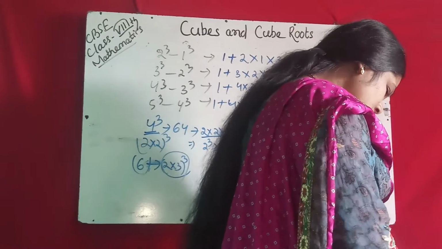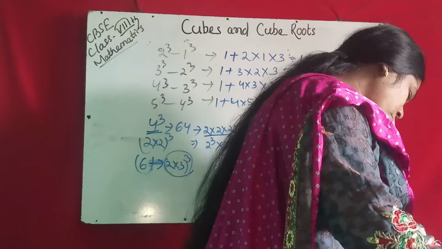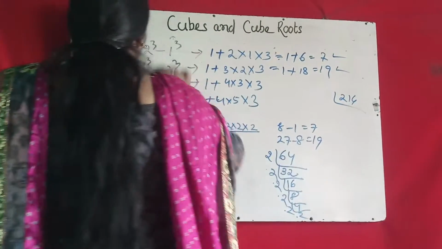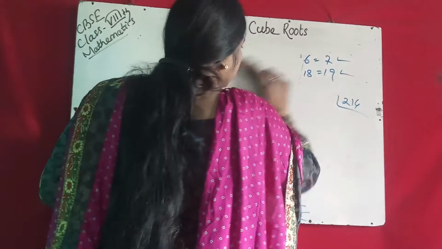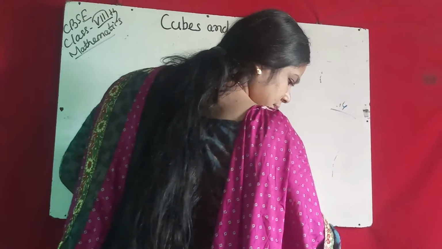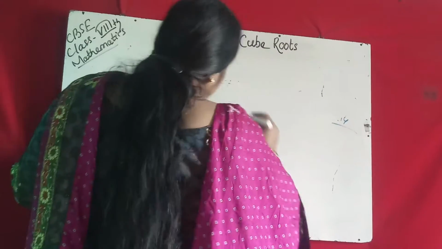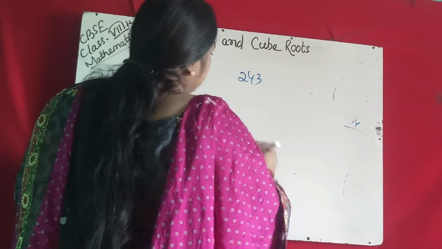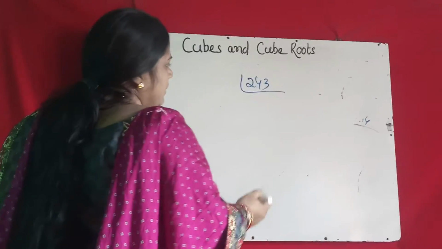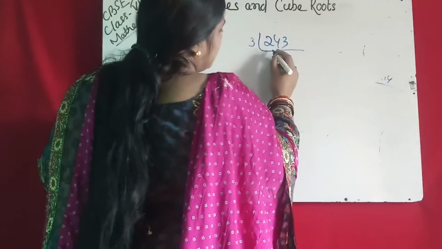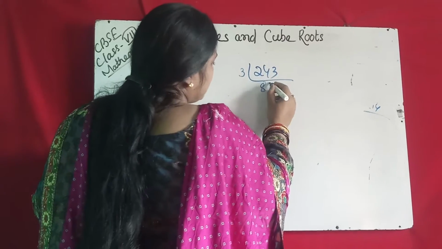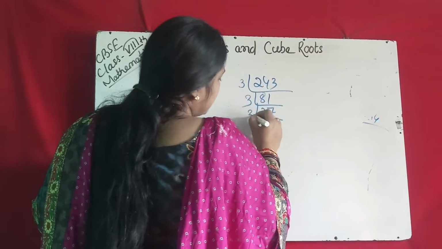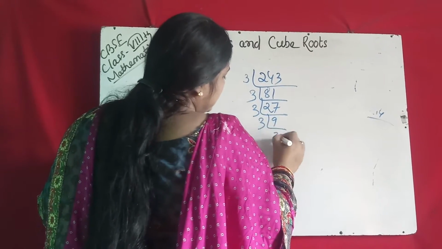Suppose one number is given, 243, and the question asks whether it is a perfect cube. You first find out the prime factors. 3 eights are 24, 3 ones are 3, 3 twos are 6, 3 sevens are 27, 3 nines are 27, 3 threes are 9.